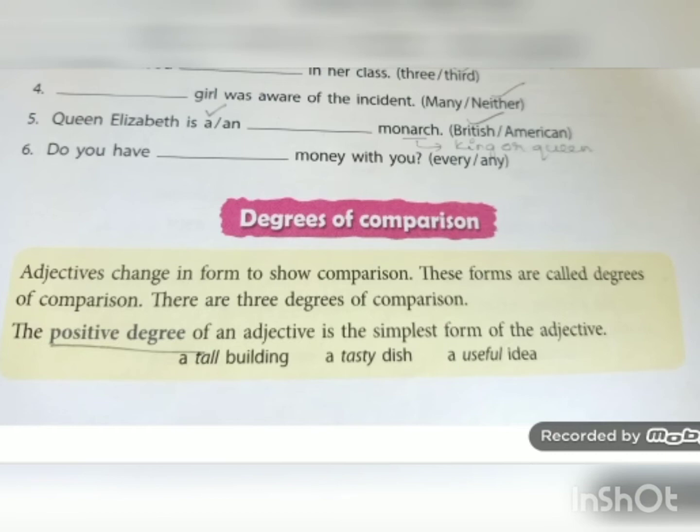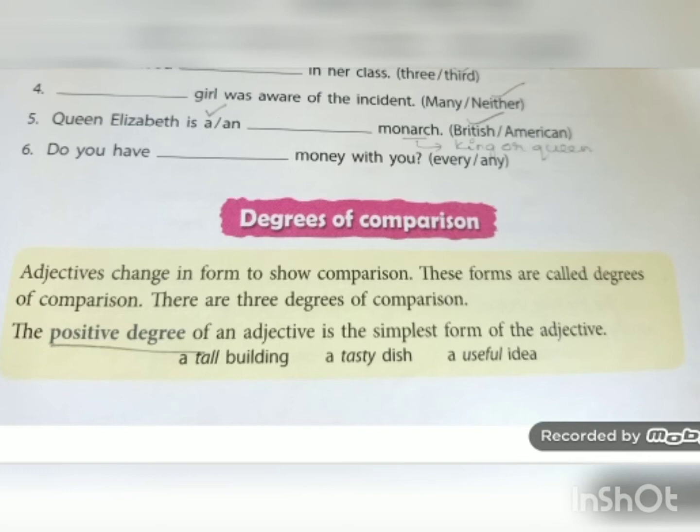For example, if I say he is a smart boy, smart here is an adjective which describes the noun boy. He is a smart boy, which is in positive degree.